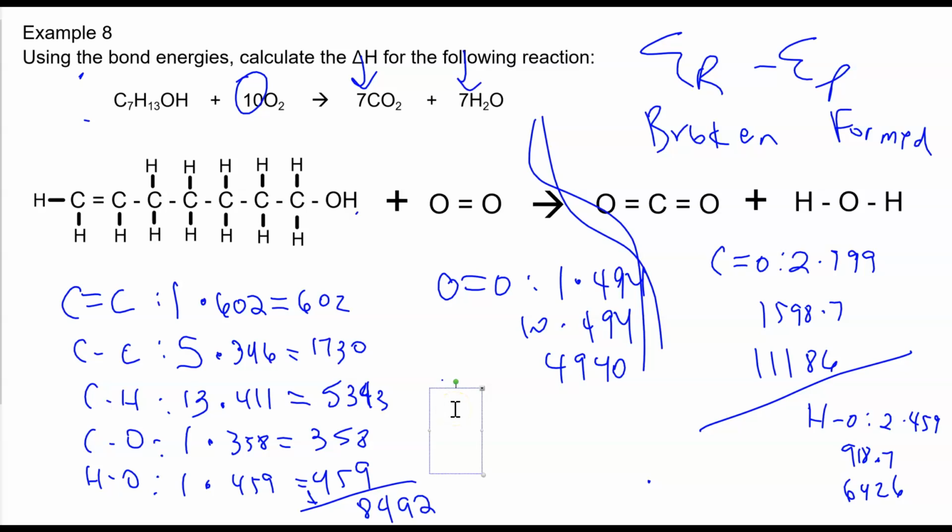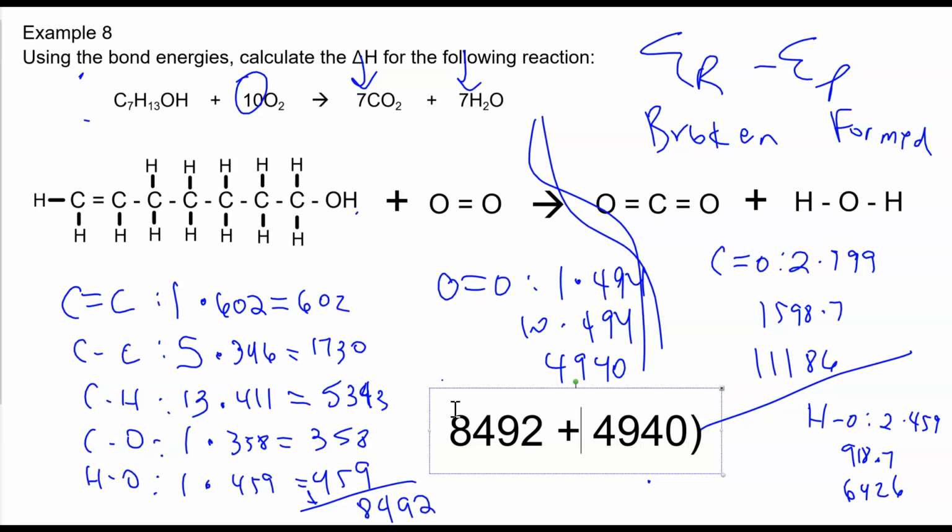So we're going to take the reactant side, which is 8492 plus 4940. That's the reactant side.